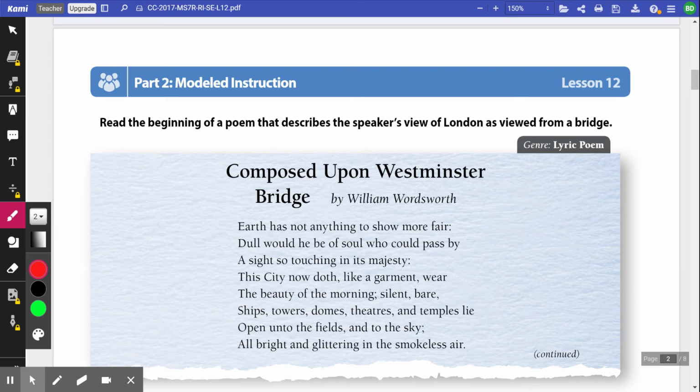So the first thing I'm going to do is rewrite the title of my lesson at the top of the workbook page. And the title of this lesson is Determining Word Meanings. All right, so let's go ahead and break this down really quick.